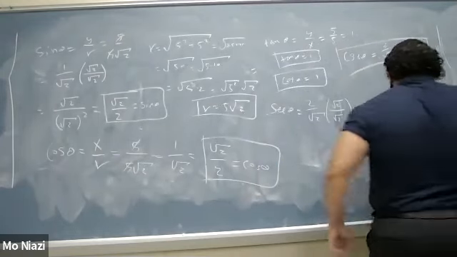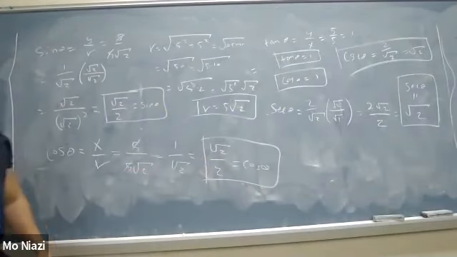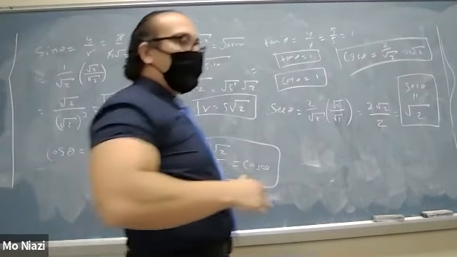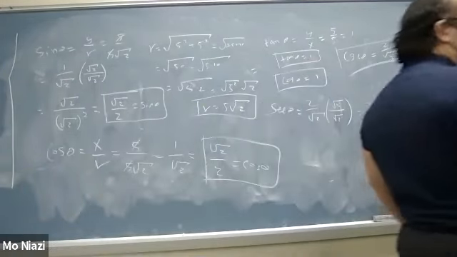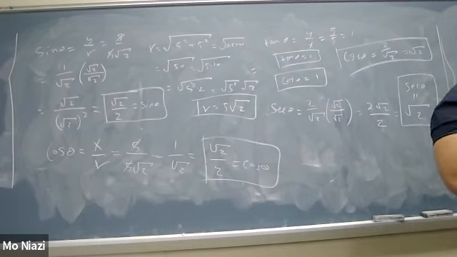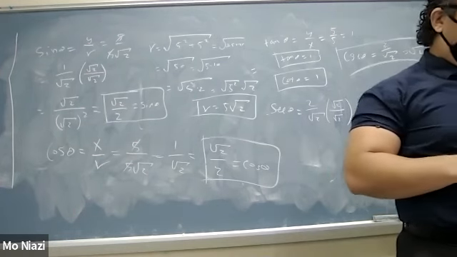So we found them. Not always will they have the same values. You will see as we progress in this class that this was a very special situation, that the sine and the cosine had the same values. This does not always happen. In fact, the majority of the time it does not happen. Okay?